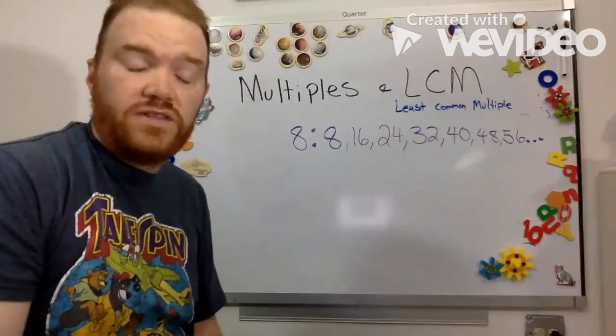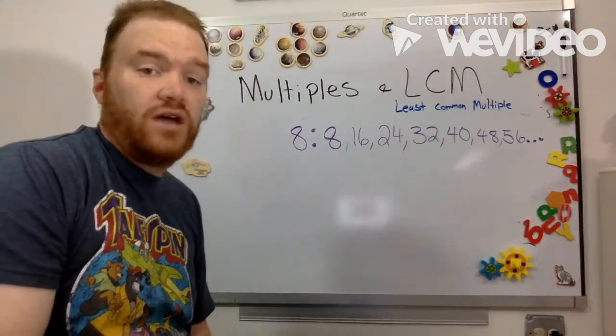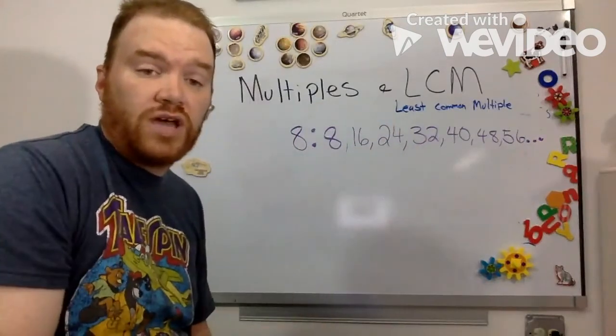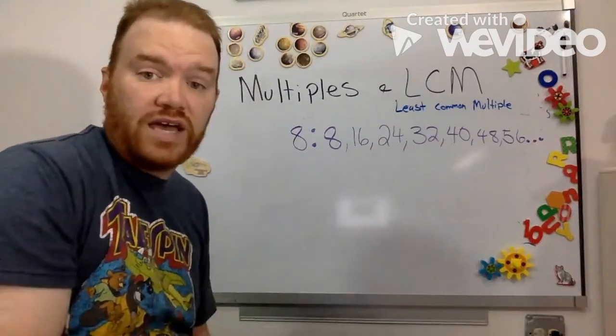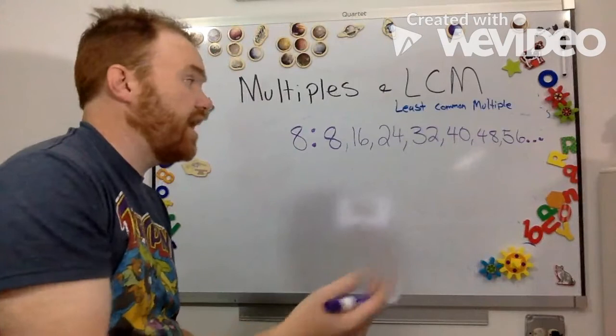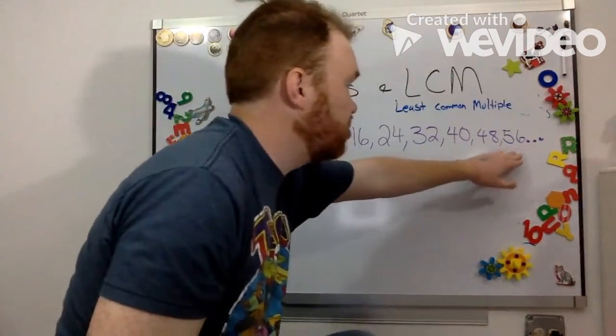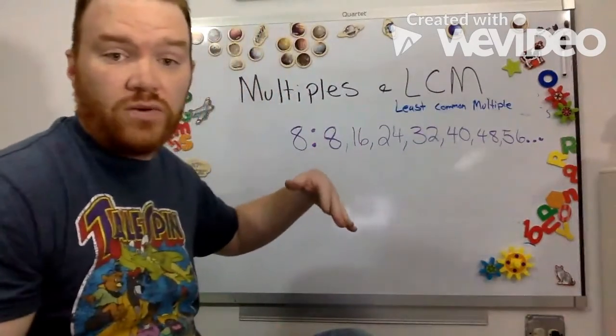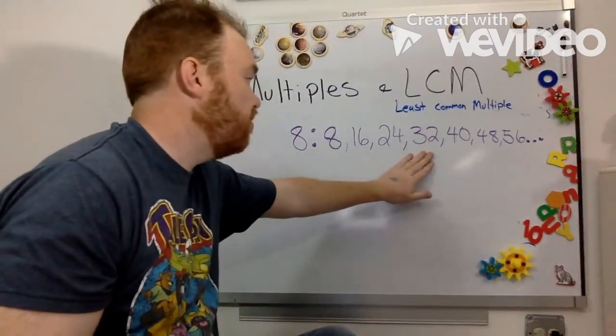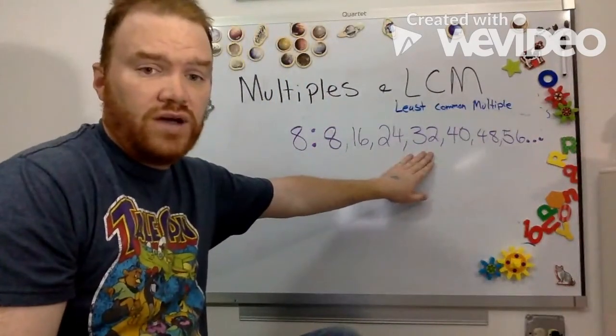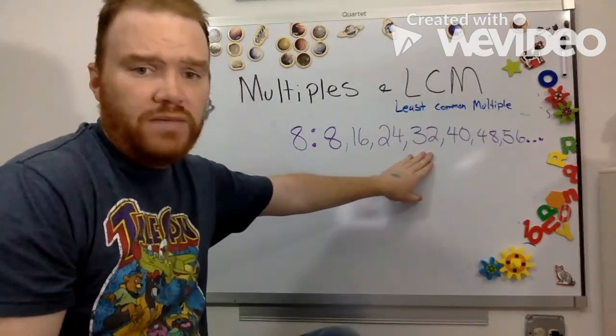Maybe you went further than that, and if you did, that's great. Just make sure that you're counting by 8s every time. Let's say I want to check one of these, 32. Maybe I missed it.